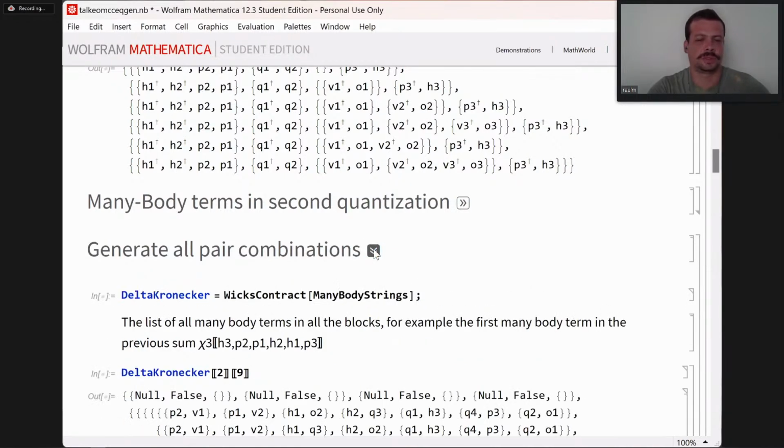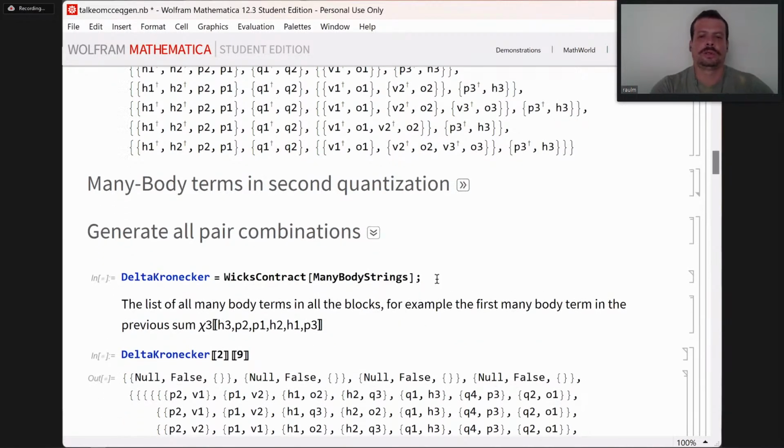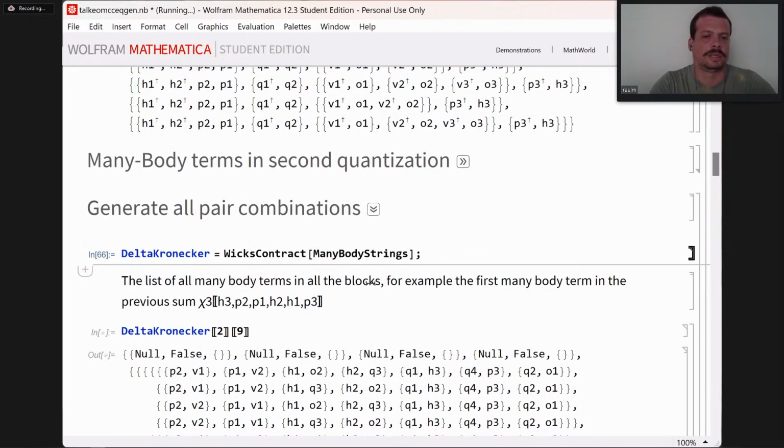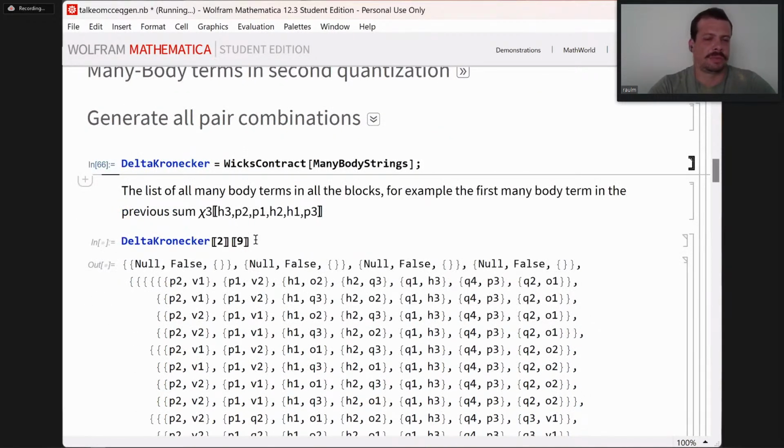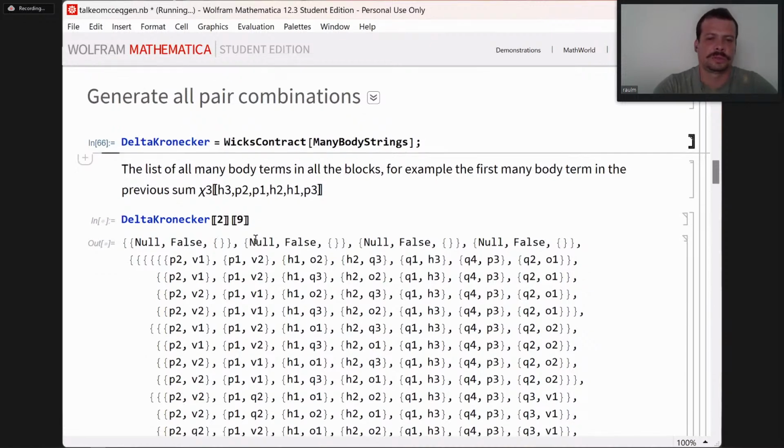And then we need to generate all possible word combinations. So yeah, this one is taking a bit more because I took a long string just to show. But yeah, here I have already the output.